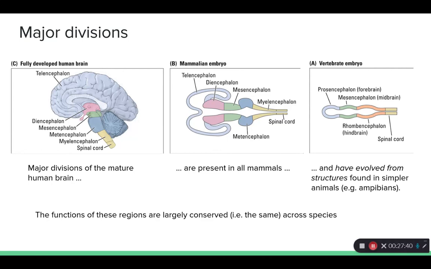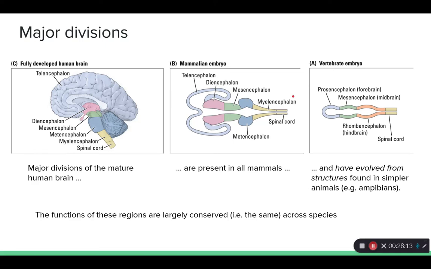No matter what kind of mammal we're talking about, and whether it's a fully grown adult or an embryo, we can find these same parts and match them up one to one. You can see that illustrated here: if we take any mammalian embryo and look at the shape of its brain as it's developing, we can find tissue that corresponds to the telencephalon, the diencephalon, and all of the other parts.